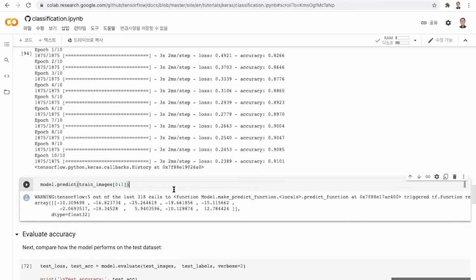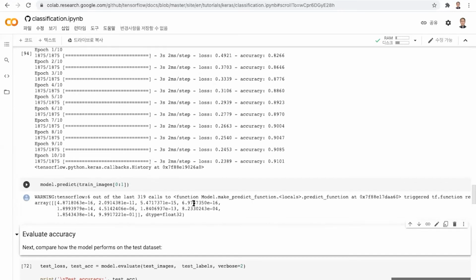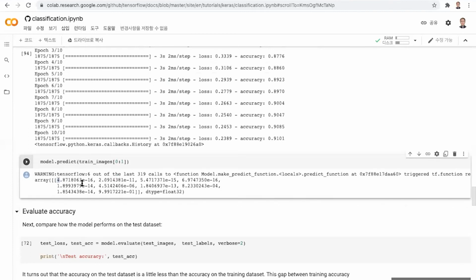Before, when I used my modified model, it produced the output of this format, so -10 and 12. But now I can see the output is actually probability. It doesn't look like a probability, but you see the e to the negative something, e to the negative something is a very small number.